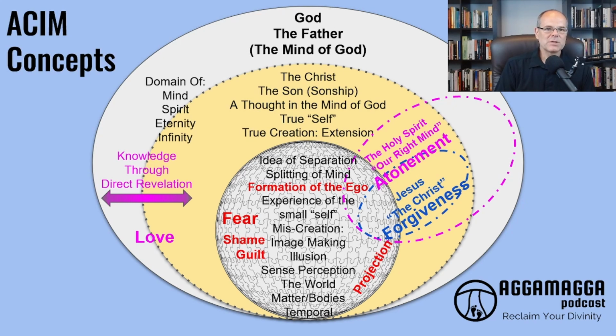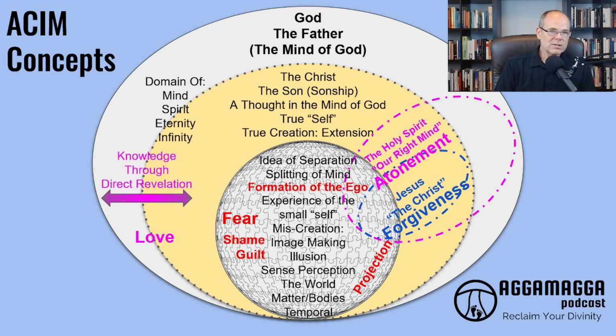And so the forgiveness process was the realization where Jesus got to the realization that he wasn't a body. He was eternal spirit. He was eternal. He was the Christ, just as you and I are the Christ. And so the Course teaches about this forgiveness process, which is waking up, forgiving the illusion, and waking up to reality.